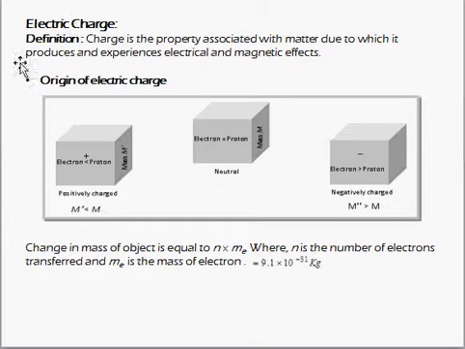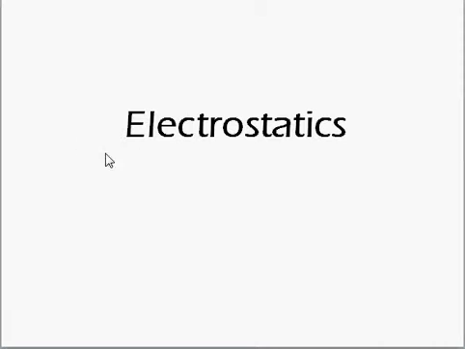In order to study electrostatics, the word electrostatic itself means that it deals with charges, which can be protons or electrons, that is positively charged or negatively charged particles, and objects which are standing still.